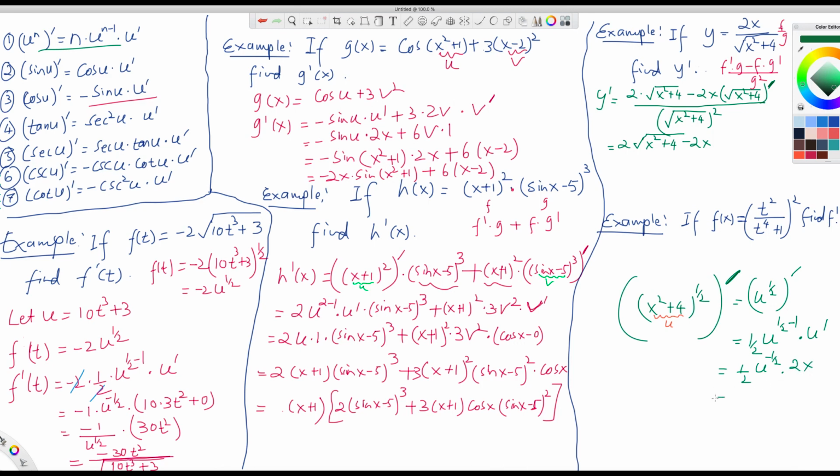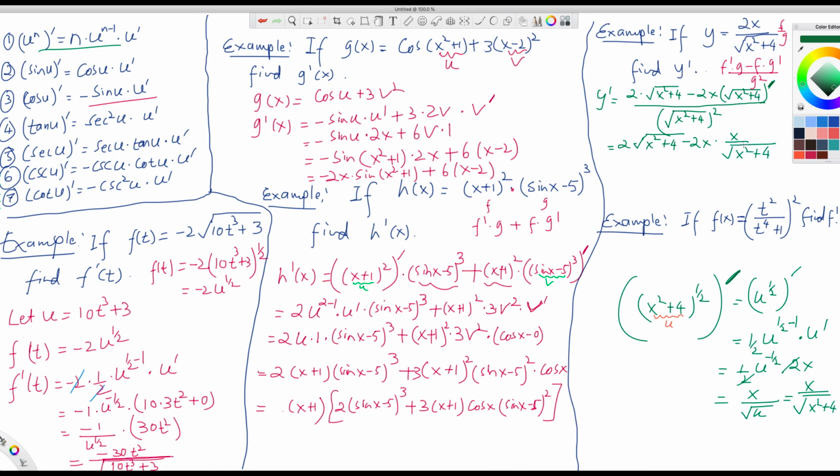You see that? So you divide that 2 with that 2, that cancel out. So what you get is x is in the top. I want to move this to the bottom. Root u, right? So what is the value of u though? X over root under x squared plus 4. That's what I'm going to write there. So 2x times x over root under x squared plus 4.